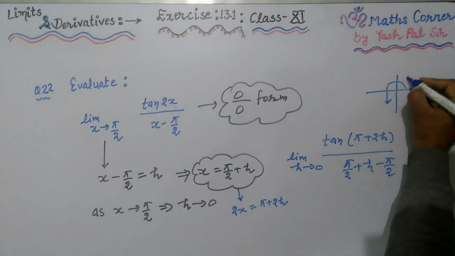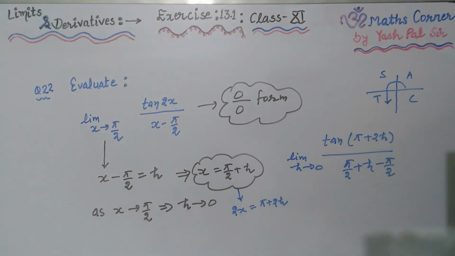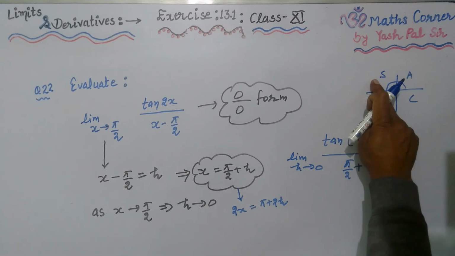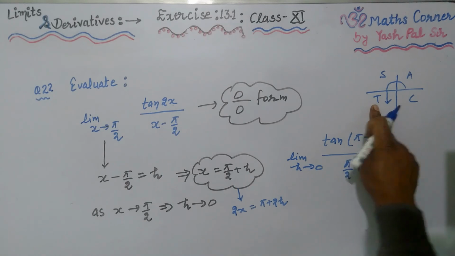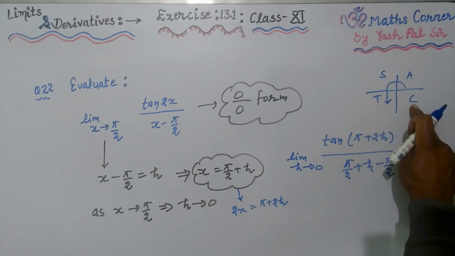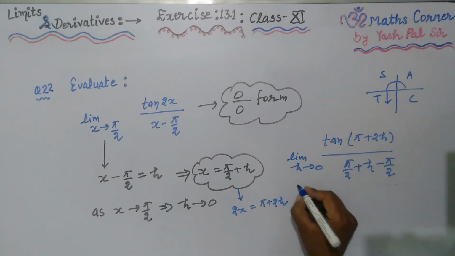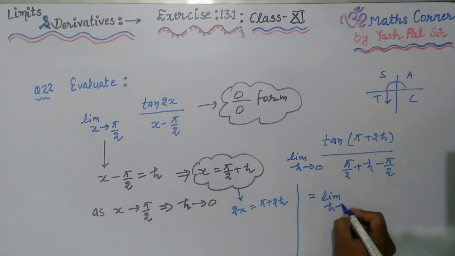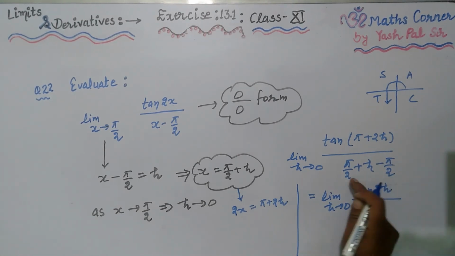After school to college, t means tangent: in the first quadrant all the t ratios are positive. Here sine and its reciprocal is positive. Here tangent and its reciprocal is positive. Here cos and its reciprocal is positive. In the third quadrant tangent is positive. So we write this is equal to limit h approaches to 0, tangent 2h divided by h, this is cancelled, so only h is left.